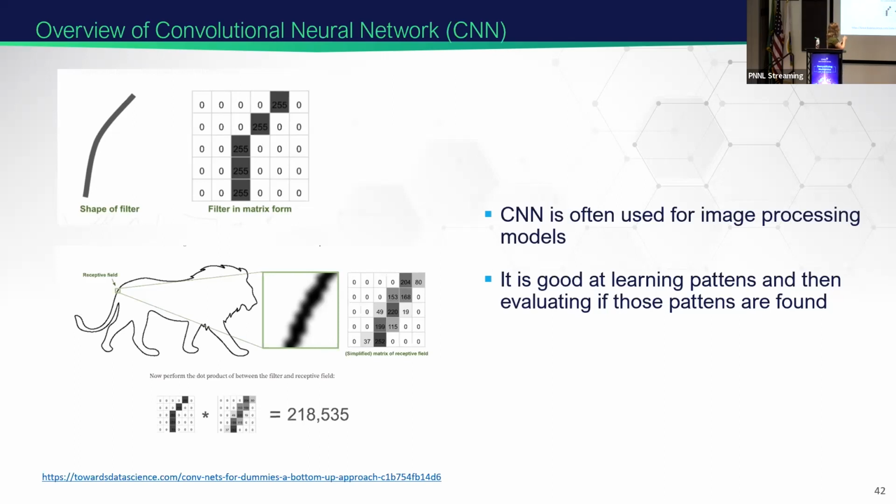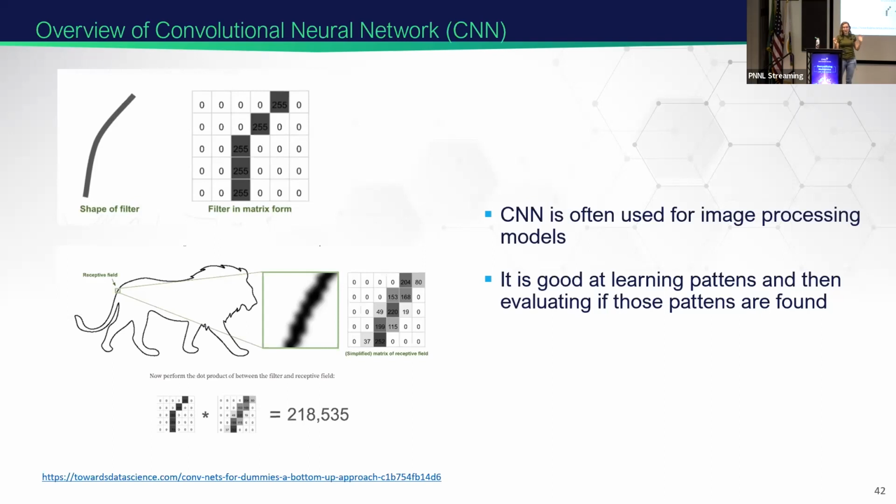And so the way that a CNN does that is, let's say this is the shape of the filter. So let's say we're looking for a kind of bendy line, and that's our pattern. Then the CNN will make a matrix of that, like, here's where you have data, dark line, bright line, that matrix at the top. And then it'll take that pattern that we're looking for, and then it'll take your image.